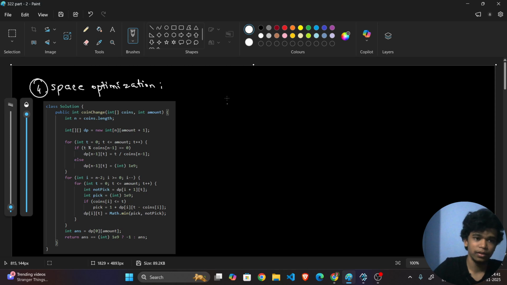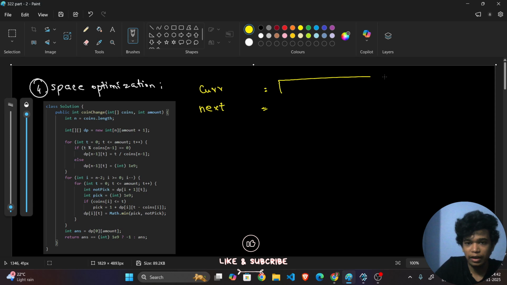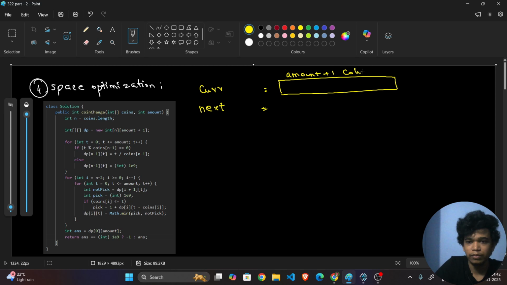Fine. The optimization. Now what I am going to check at first is, go to the inner loop and focus on these lines. Okay. Now here I want dp of I plus 1. Here I want dp of I. Here also I want only dp of I. So these 3 lines are defining that you want only one row and its next row, which means I want only the current row and then the next row, such that this current row will be of amount plus 1 columns.